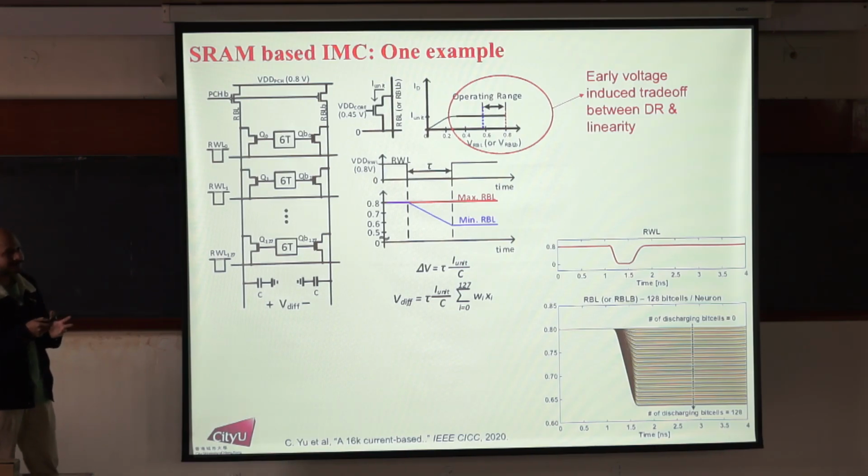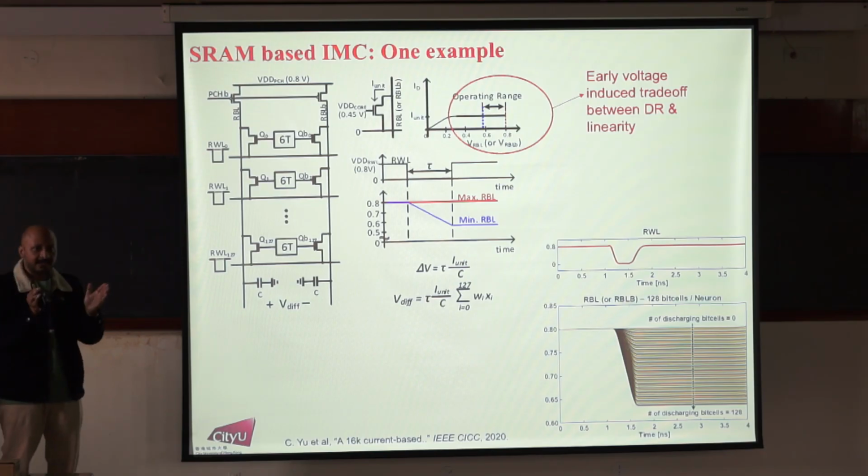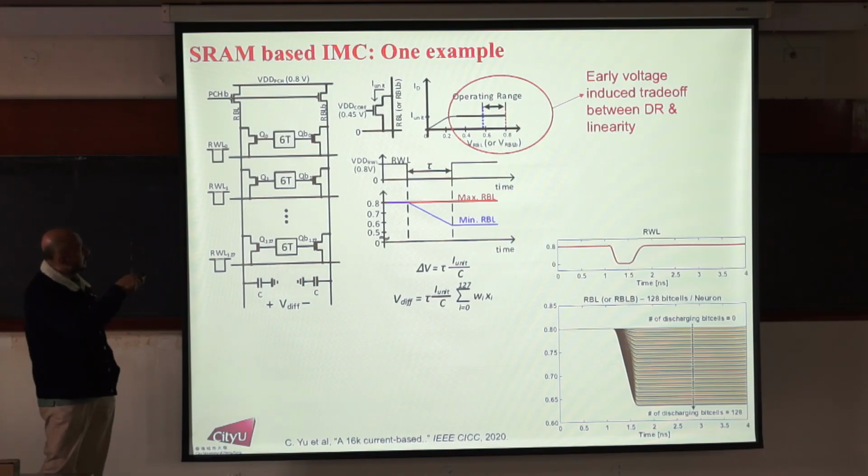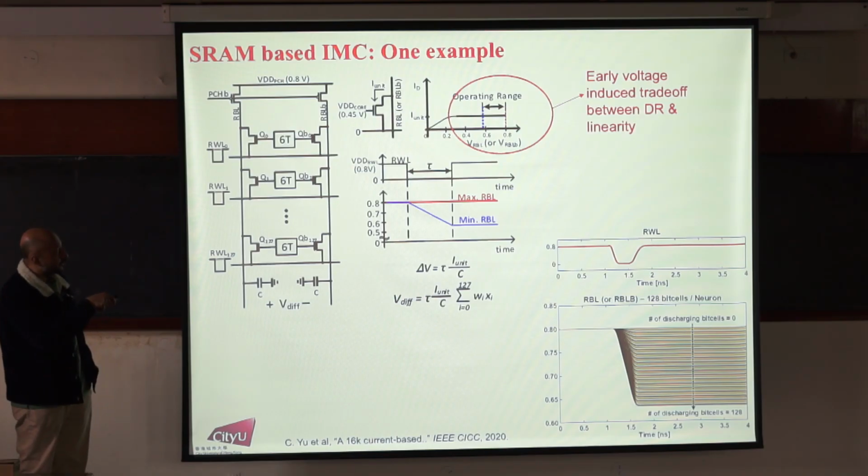But all of you know about the early effect in transistors, right? So when you are pulling this bit line, the voltage is changing, the drain voltage of the MOSFET is changing, so VDS is changing. So actually over time, the current will also not be constant, it will keep on changing. So normally what happens, in this case, the power supply was 0.8 volts.